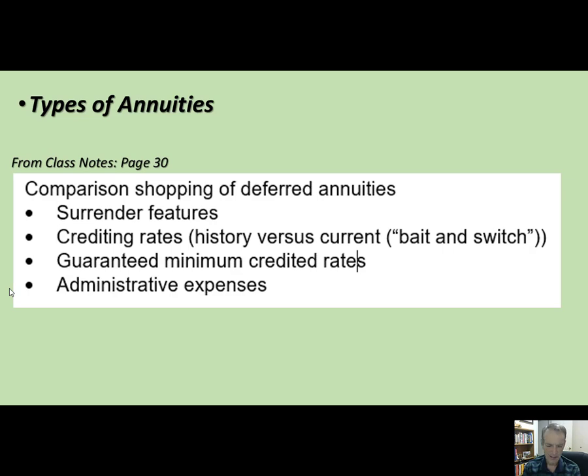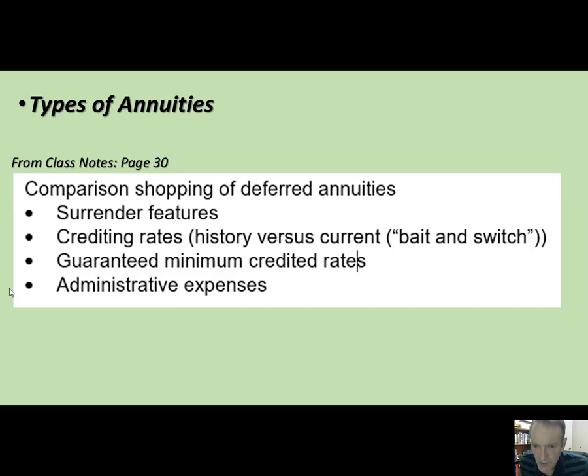Some of these products in the early 80s had guaranteed minimum rates of like 5%. I remember at UTSA, they had over $1 billion in annuities with 4 and 4.5% guaranteed rates. And they're trying very hard to get their customers to switch out of those products to other products because those minimum guarantees were at the minimum guarantee in almost every product because interest rates had fallen so much.